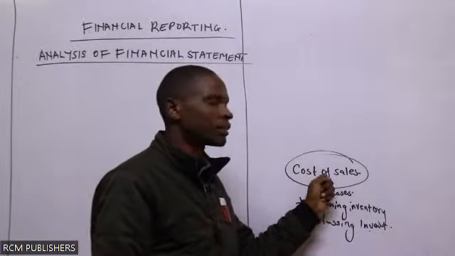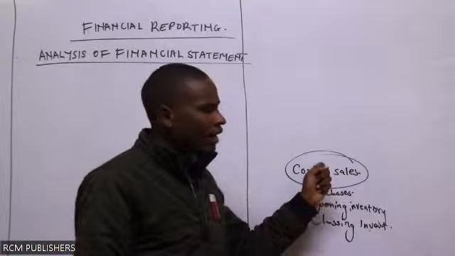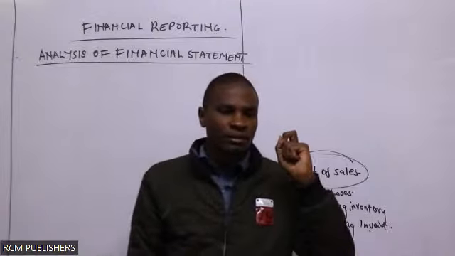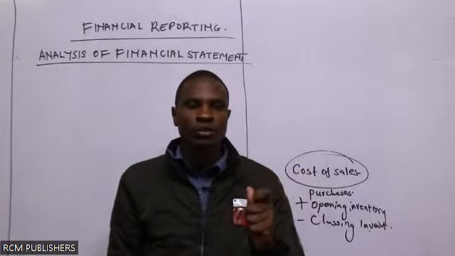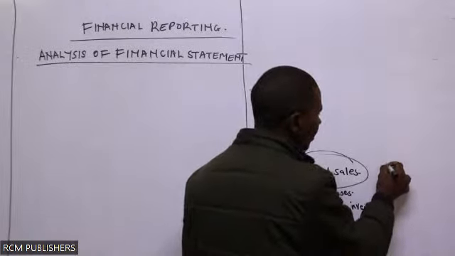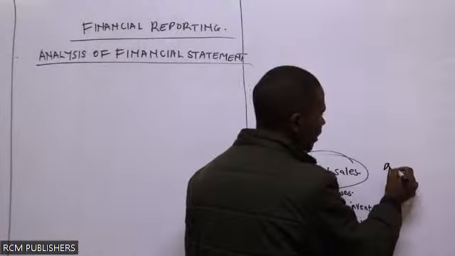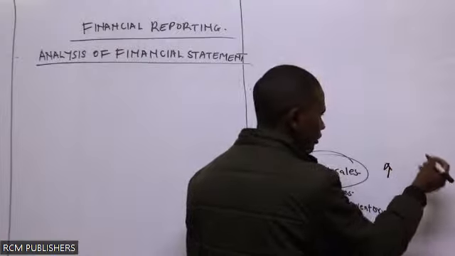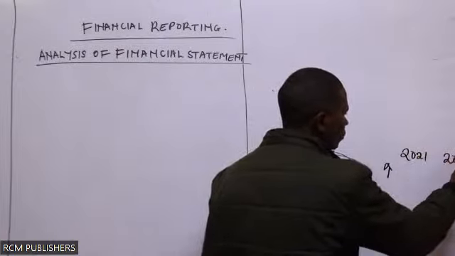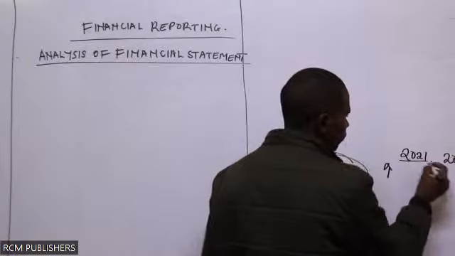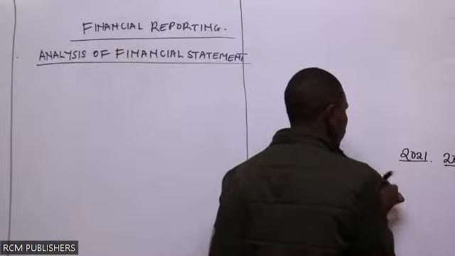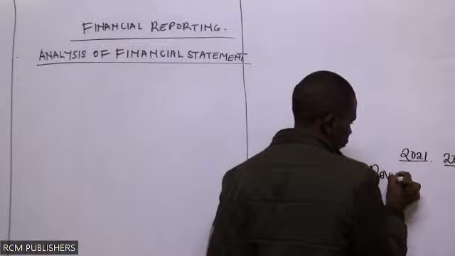The cost of sale will always affect our gross profit. Assume we have a higher cost of sale in a certain year compared to another year. For example, let's say I have 2021 and 2022. Let me start with revenue, the one I told you about.